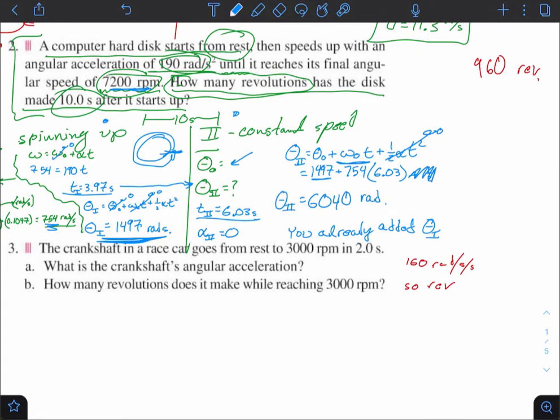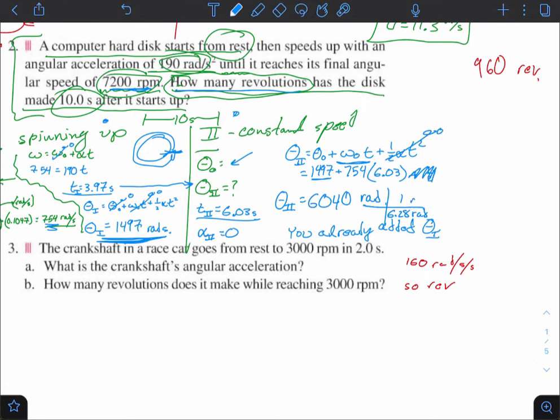And let me make sure that I answered the question. How many revolutions? I did not answer it. Well, 2 pi radians, or 6.28 radians, is equal to 1 revolution.